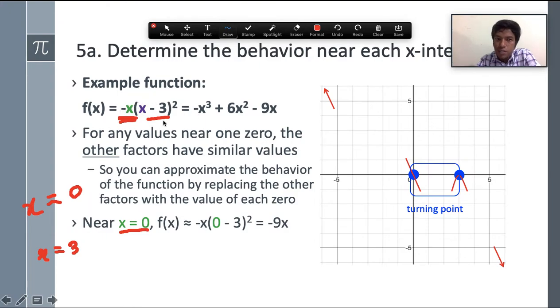So other than this value, we put it here. Then we do some calculation, we get minus 9x. What does it give us? It gives us f(x) equals minus 9x. This means this is a straight line with a negative slope. That means something like this. It means at x equals 0, the line will be something like this. Down slope.